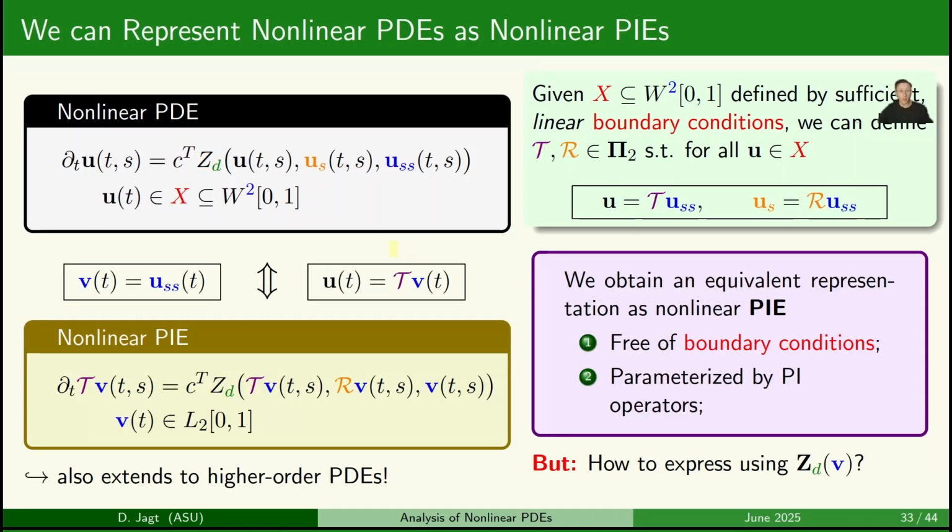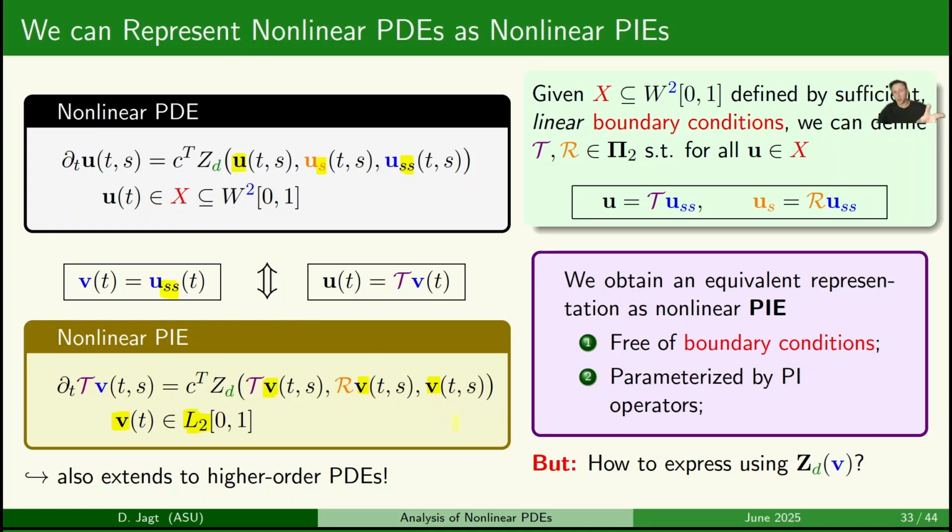So then using this relation, we can express u here in terms of this fundamental state v, corresponding to the second order derivative of u. We can also express this first order derivative of u in terms of the fundamental state, and we can express this second order derivative of u in terms of the fundamental state, namely, this will be the fundamental state. Where again, this fundamental state v here does not have to satisfy any boundary conditions or continuity constraints.